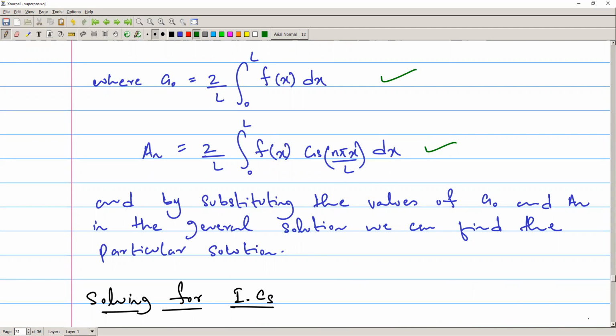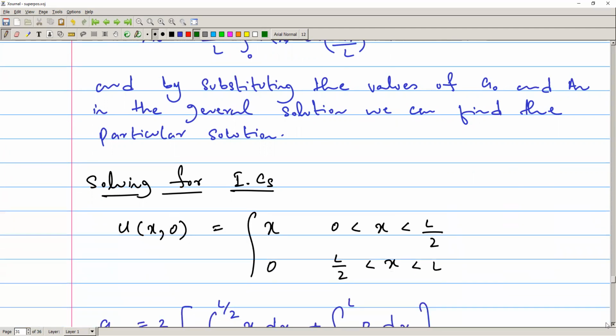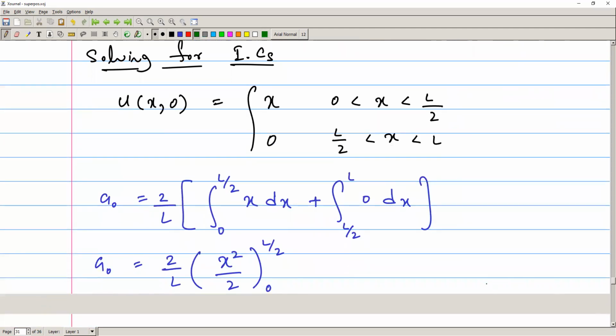Let's say that the initial condition is given as u of x comma 0 equal to this piecewise function. We are already aware of solving piecewise functions and generating their Fourier series. We talked about it in the previous lessons.